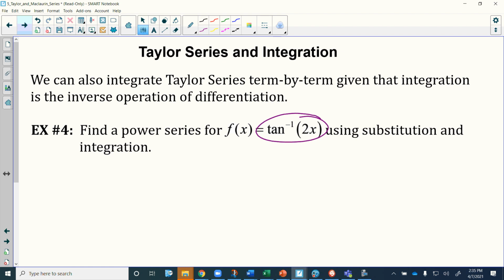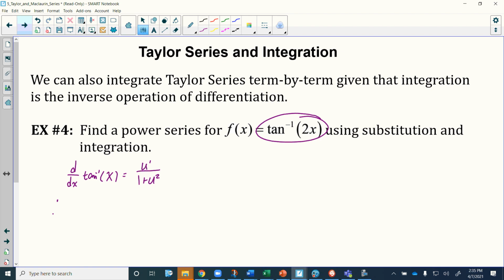I know that the derivative of arctan of u is u prime over 1 plus u squared.